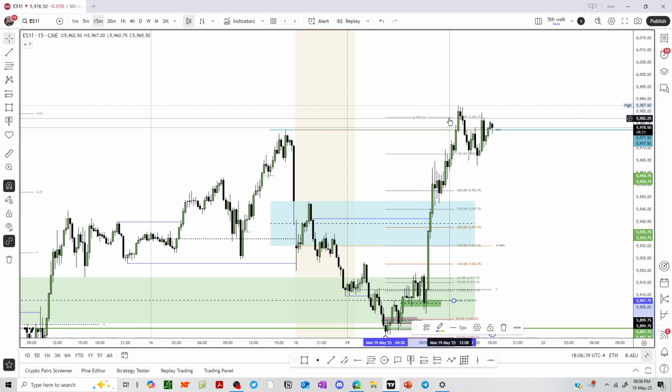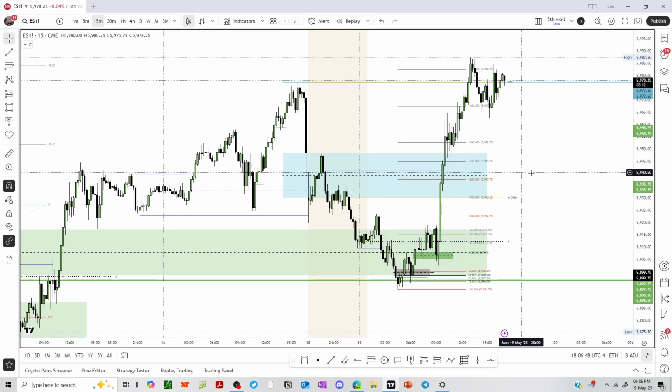So we got a nice 5 standard deviation run higher above these highs, previous week's highs. That was a very, very good run and an excellent risk to reward. This is all your risk. Your risk was actually, let's say 61.8 literally at the low of the 4-hour fair value gap.